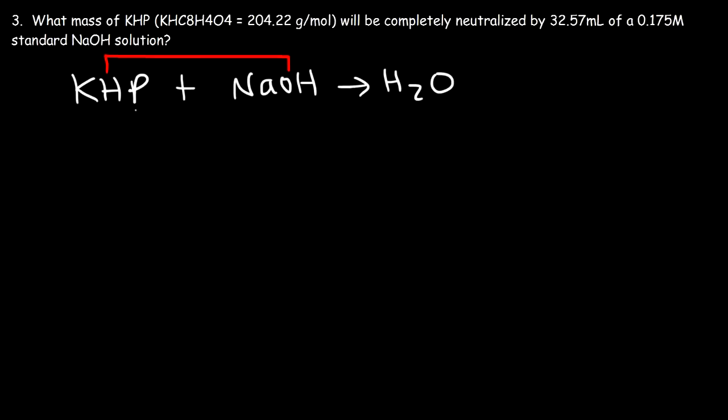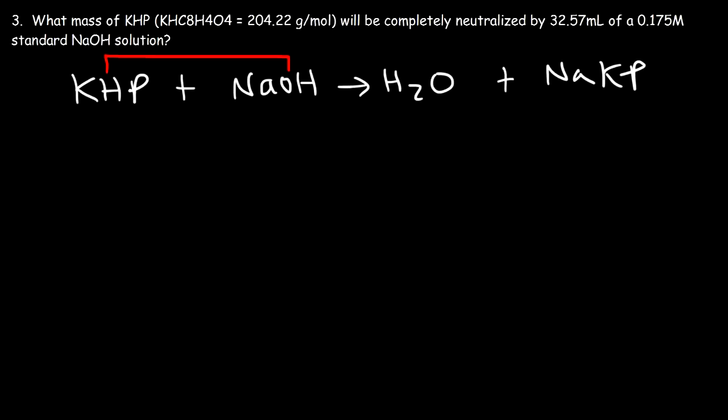And once you take away the hydrogen, what's left over will have a negative charge, and that's going to pair up with the sodium. So this is going to be NaKP. If you want to, you can replace the P part with C8H4O4. But I'm going to write it as KHP because it's a lot simpler.